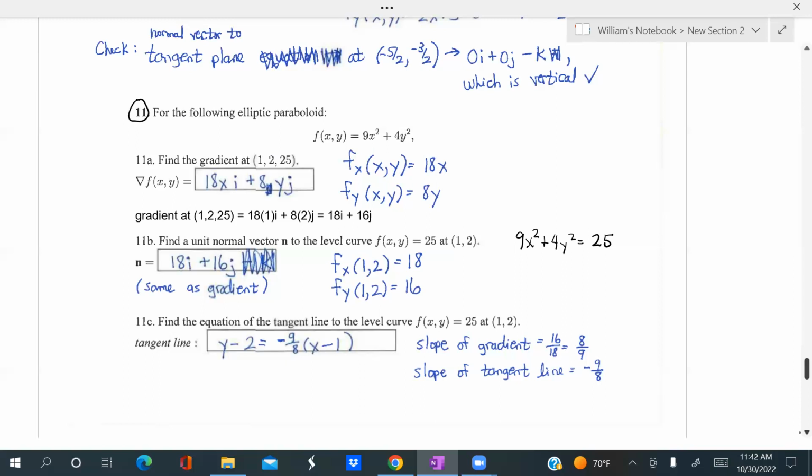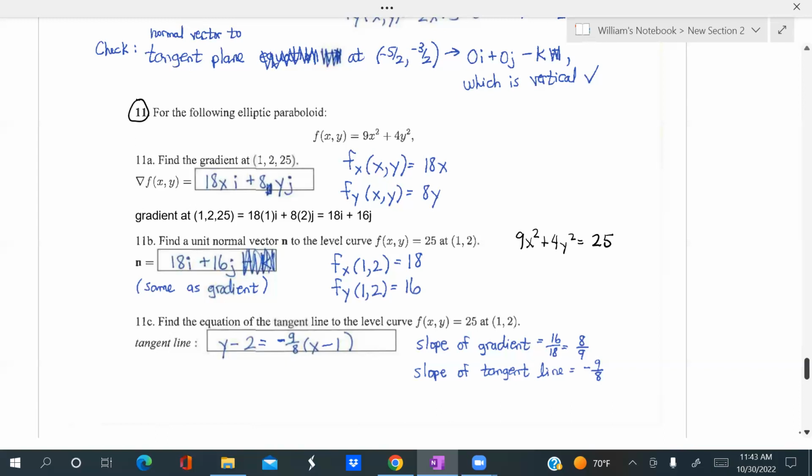So if we can find the gradient vector of this function at this particular point, that's going to be perpendicular to the level curve at this point. But we already know what the gradient vector is, right? It's 18i plus 16j. So this is just recopying the answer from the previous part. The normal vector to the level curve is the same as the gradient.